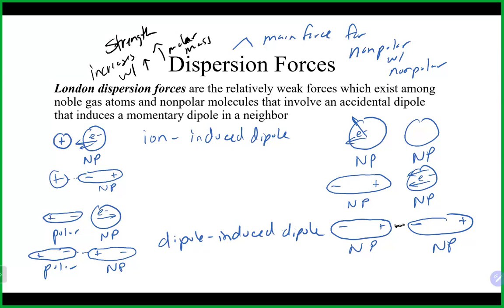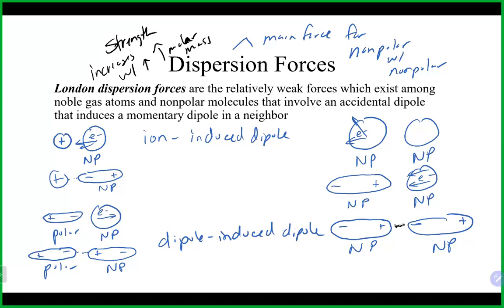Now, can everybody, polar molecules and nonpolar molecules, use dispersion forces? As we see on the left there, they can, yeah? So technically speaking, everybody can use dispersion forces, polar molecules and nonpolar molecules. But it is really the main force for nonpolar molecules. For polar molecules, they're going to use either dipole-dipole or hydrogen bonding.